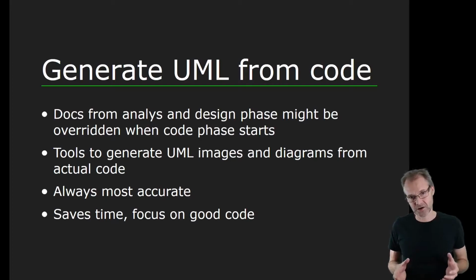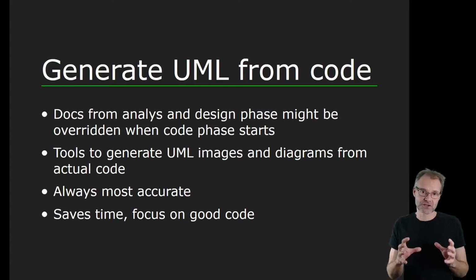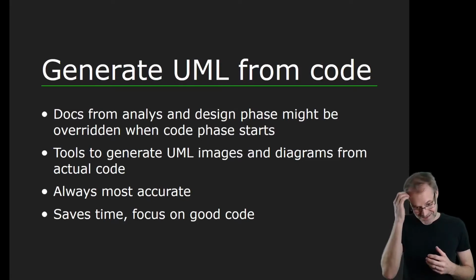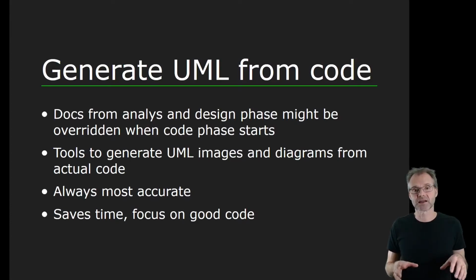So you get class diagrams, perhaps use cases, perhaps diagrams showing how the different objects or classes interconnect to each other. And we always get the most accurate images of our code. So this saves time, makes us focus on the code and generate these UML diagrams and use them for documentation, because they might be very good to dive in and see how the program works together.